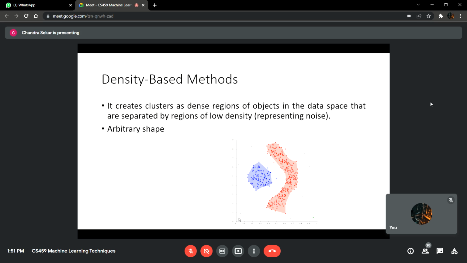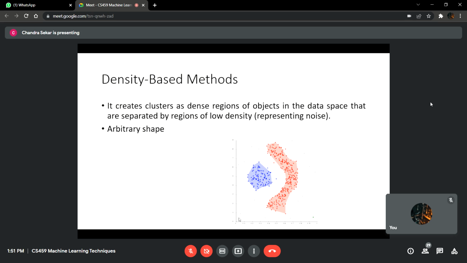Wherever the data density is more, it will be formed into clusters, and the shape of the clusters will be arbitrary. It will not be uniform, it will be non-uniform. And the low density regions represent the noise. Some points may not be included in any of the clusters. Those points will be called noise points.